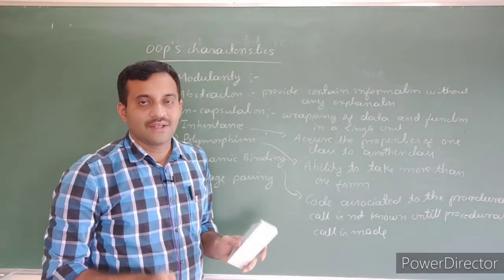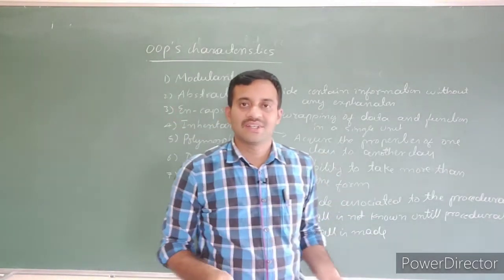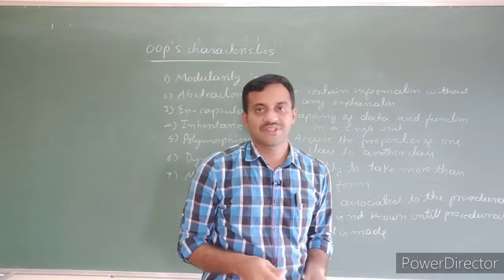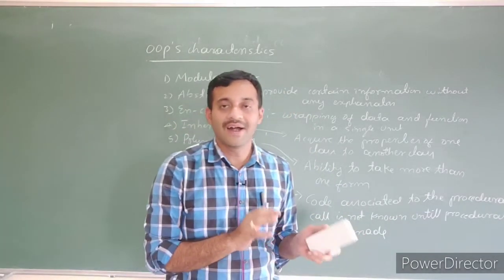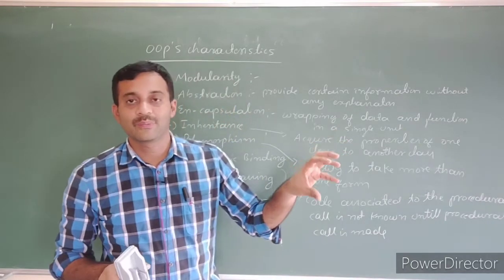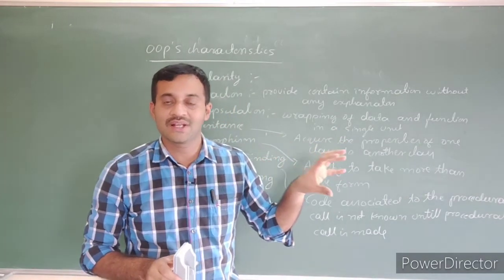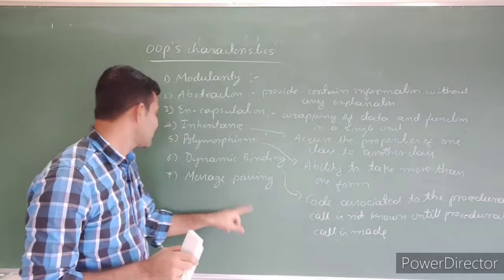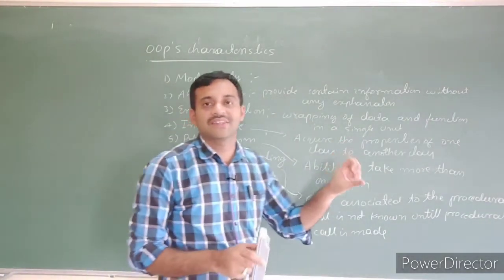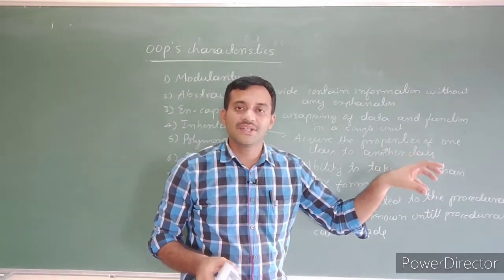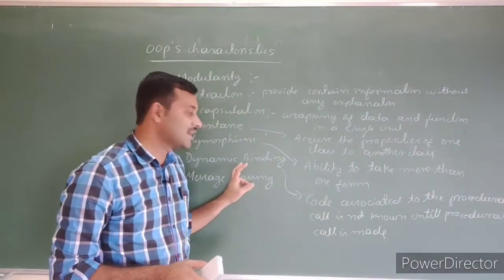Say here we have procedures. Procedures are also sets of instructions. Which set of instructions is executed is not known until we call the particular procedure. That is what we call dynamic binding. Dynamically it accesses the procedure based on the user request. That is dynamic binding.